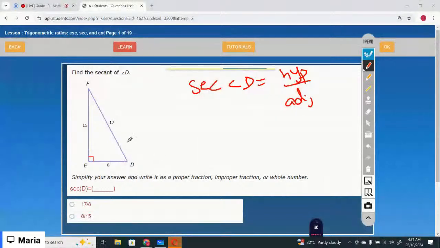Here is angle D. Hypotenuse is 17 and adjacent to angle D is 8. So that is 17 over 8.